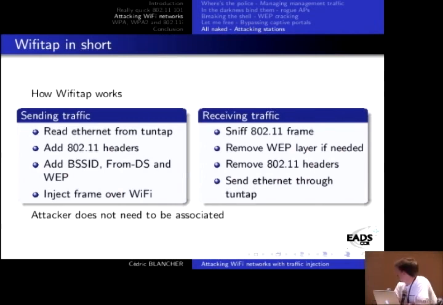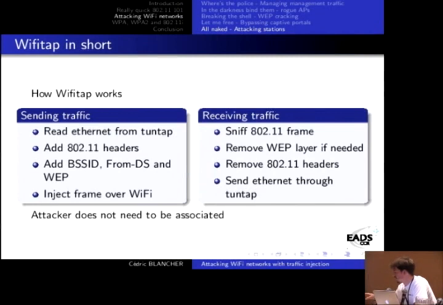So it works like this. It just sniffs the network and then pushes the frames, after I remove the 802.11 headers, to the tun/tap device. And to send frames, I do the inverse.